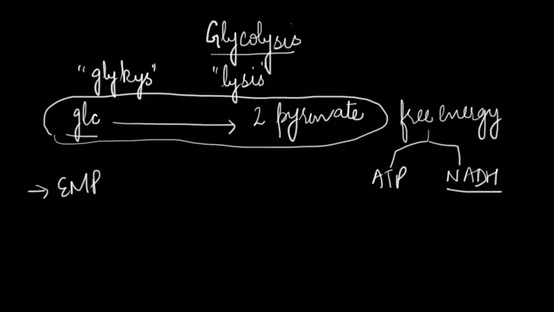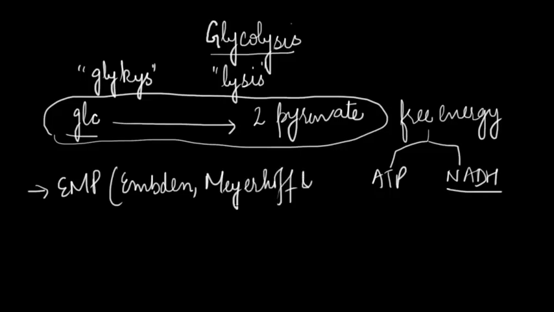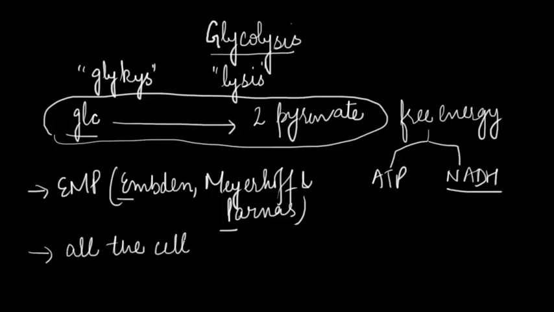Glycolysis is also called the EMP pathway, named after its discoverers Embden, Meyerhof, and Parnas. In fact, glycolysis is the only pathway that takes place in all the cells, and the enzymes required for it are present in the cytosolic fraction of the cell.